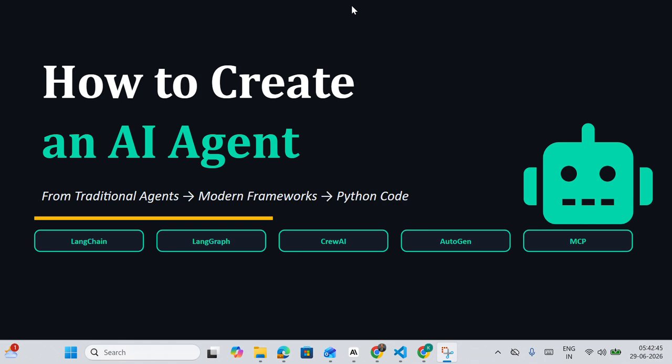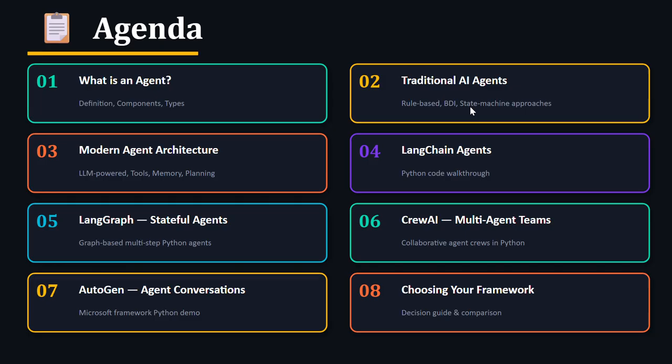So we go to the next slide. This is what is an agent: traditional AI agent, modern agent architecture, LangChain agent, LangGraph, CrewAI, AutoGen, and choosing your framework as per your requirement.